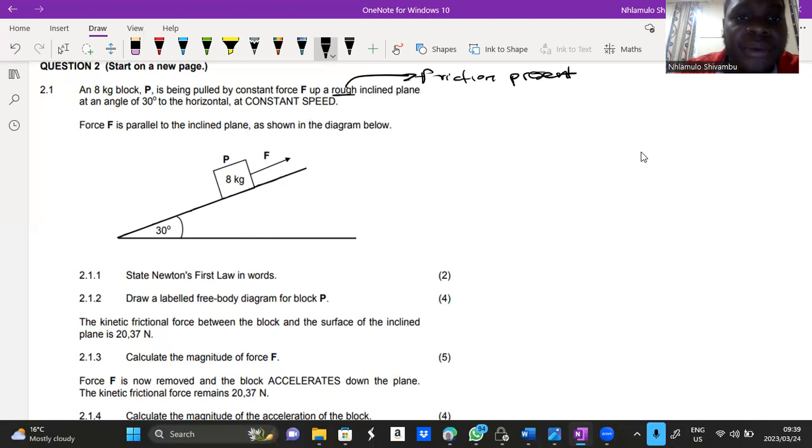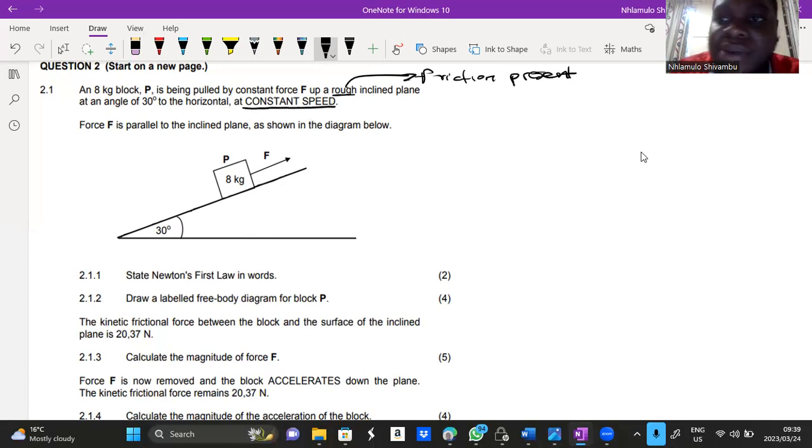And again, we realize that the examiner wrote the words constant speed using capital letters. So that is also very important when we're answering these questions. I'm going to highlight this one, constant speed.